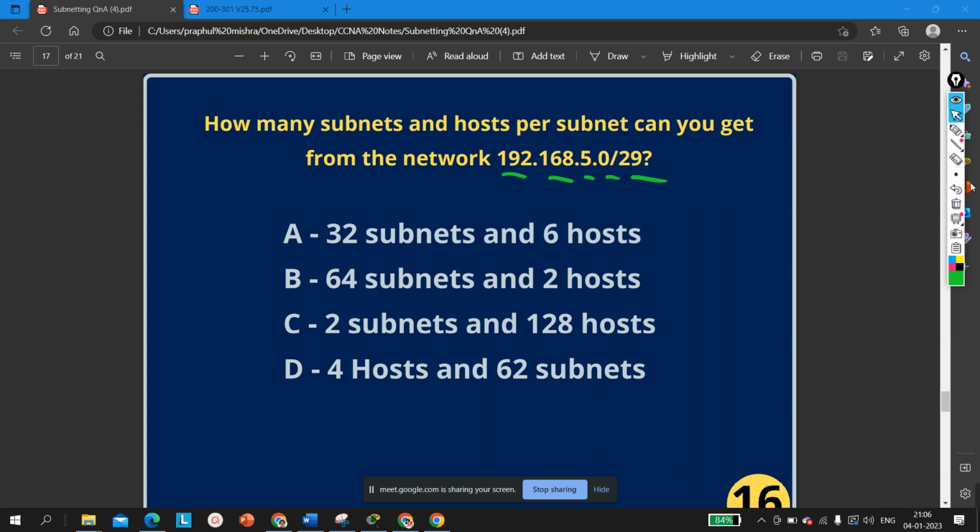Option A. How many subnets and how many valid hosts will be there? It's A.